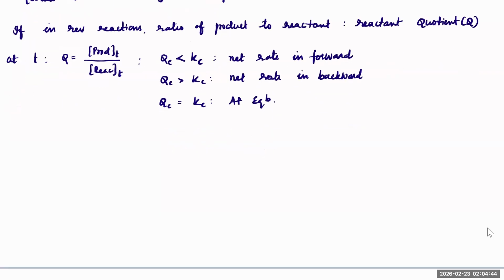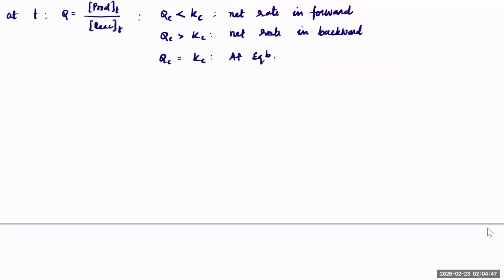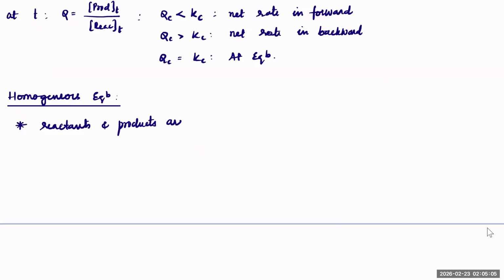Now, notice there are two types of equilibria we need to address. One is homogeneous equilibrium, which means reactants and products are in the same phase.